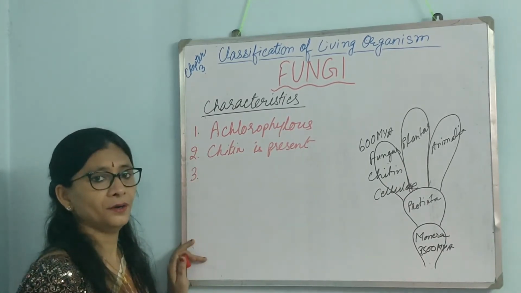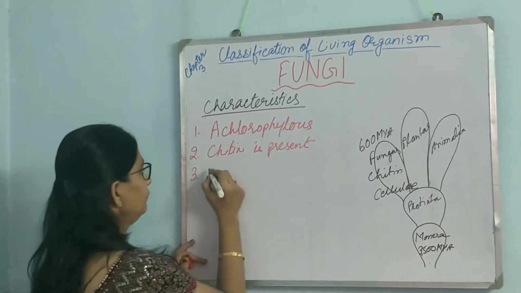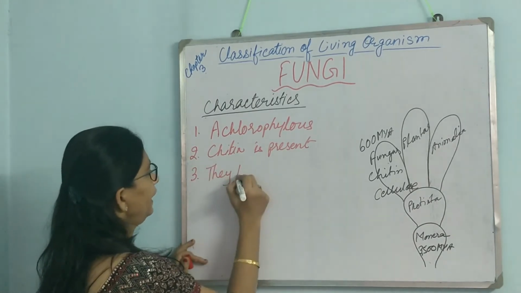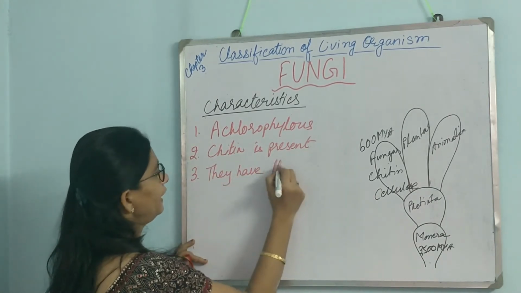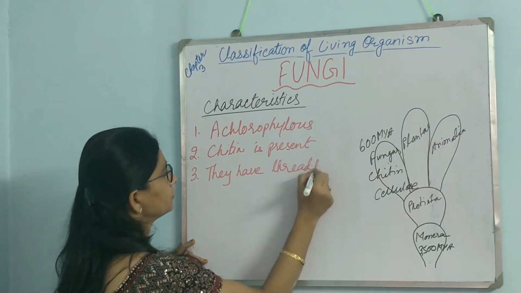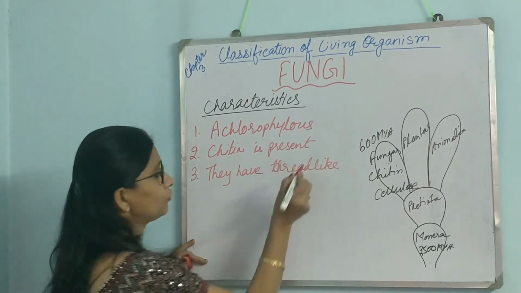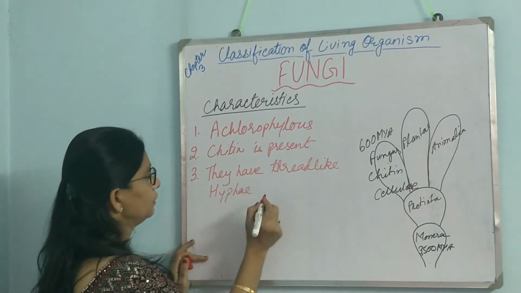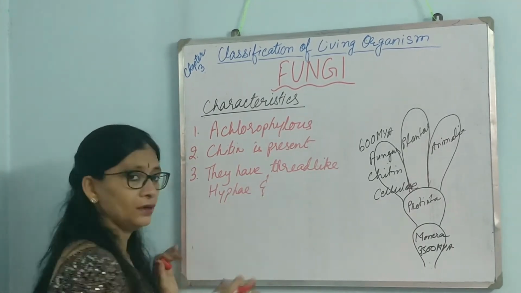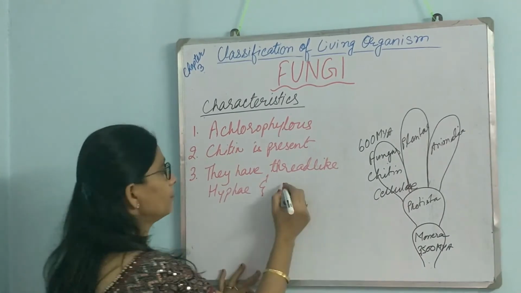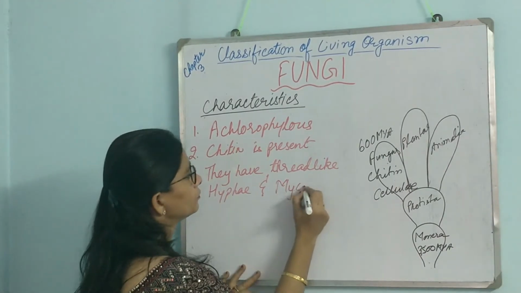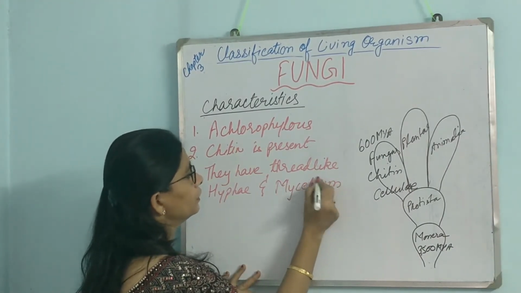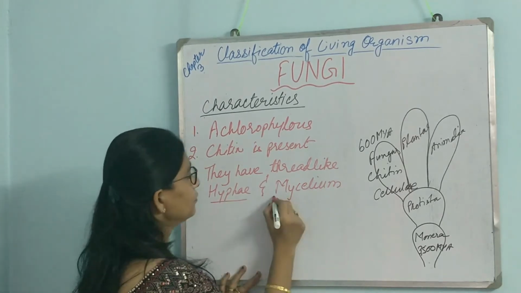Third, they have thread-like structures called hyphae, and many hyphae together make mycelium. That means they have hyphae and mycelium.